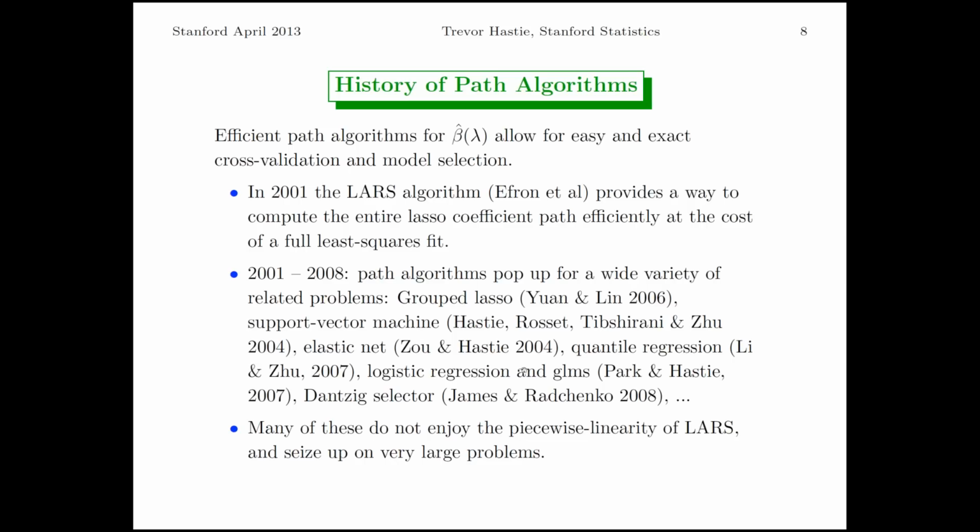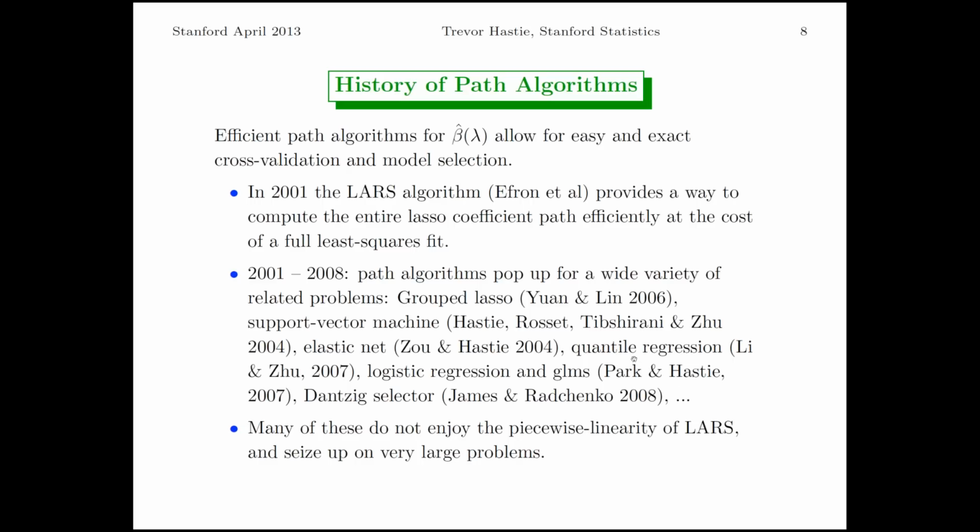So our groups at Stanford and other groups in other places developed path algorithms for a lot of varieties of lasso problems. There was a group lasso, support vector machines even, elastic net, which you'll hear about, quantile regression, logistic regression. For many other different procedures, we wanted path algorithms. In many of those cases, we couldn't get the path algorithms as efficiently as for squared error loss, because the paths were not piecewise linear.